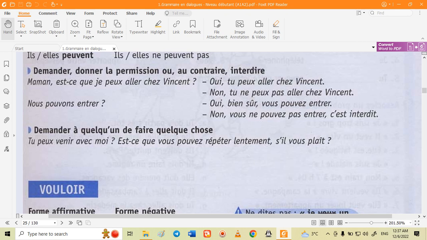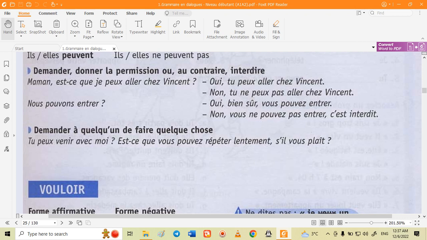Demander, donner la permission, ou au contraire interdire. Demander means ask or demand. Donner la permission means give the permission.